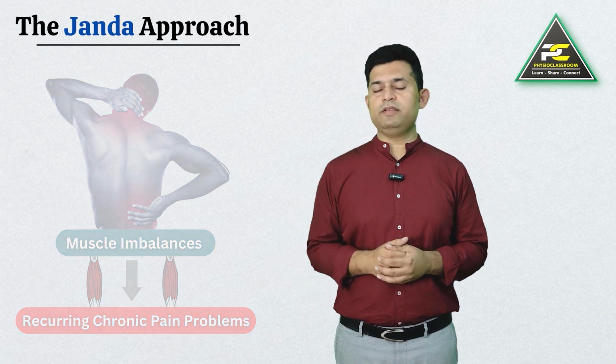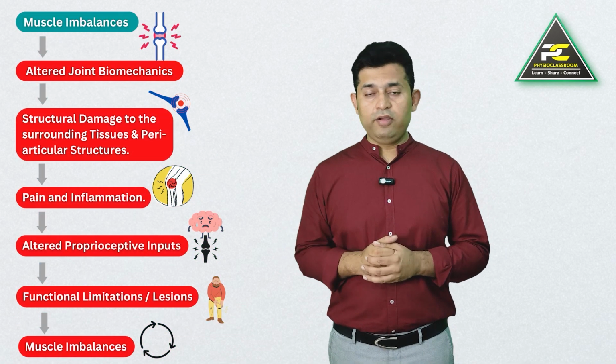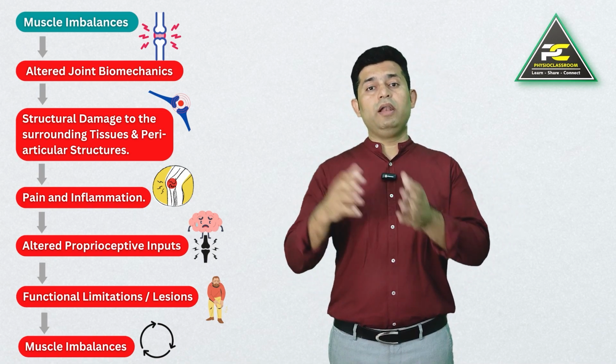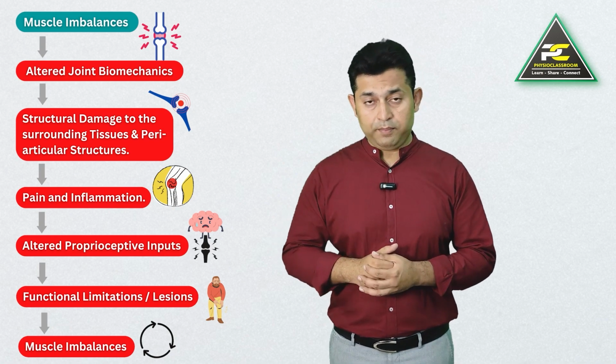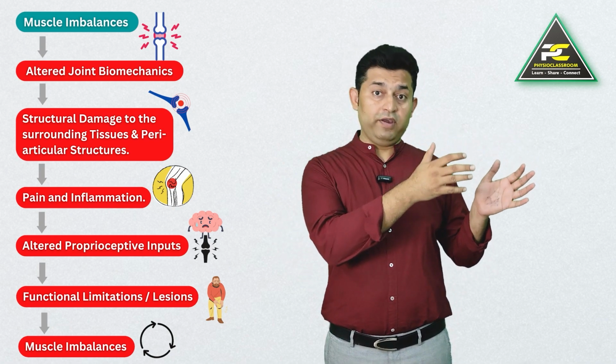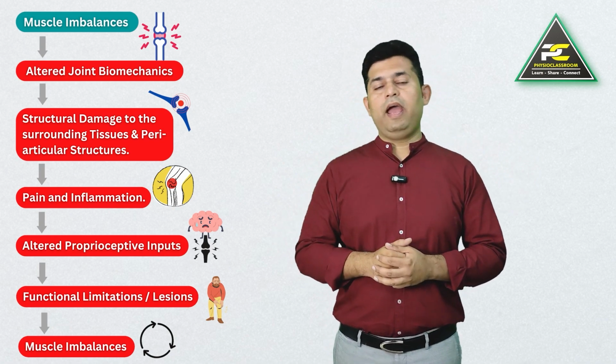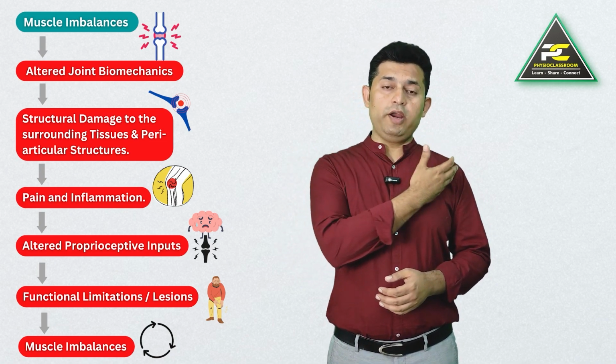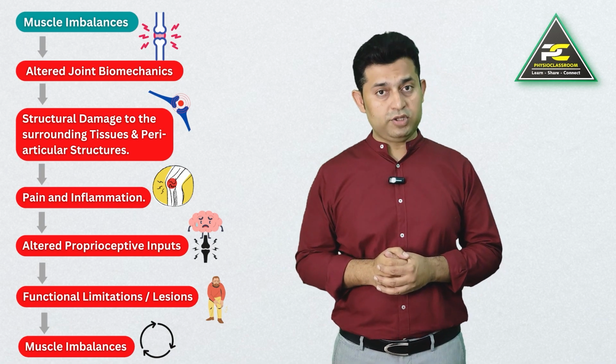Now let's understand this. Dr. Janda says that whenever there is muscle imbalance, this leads to abnormal joint biomechanics over the area where the muscle functions. As a result, there is structural damage not only to the joint but also to the periarticular tissue.